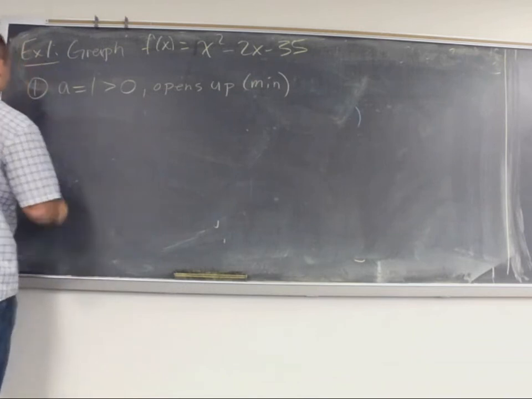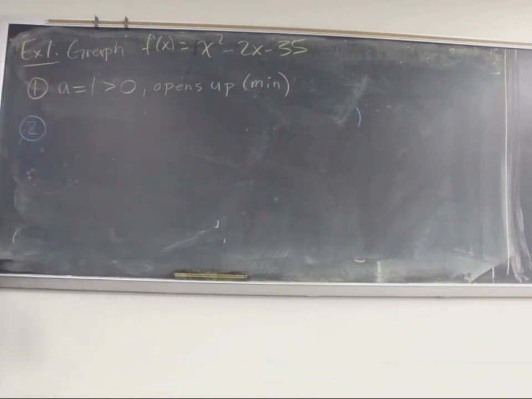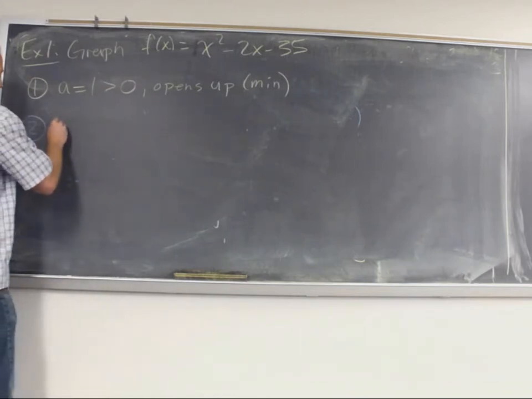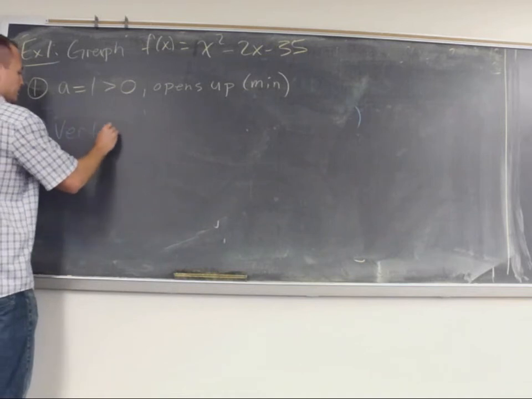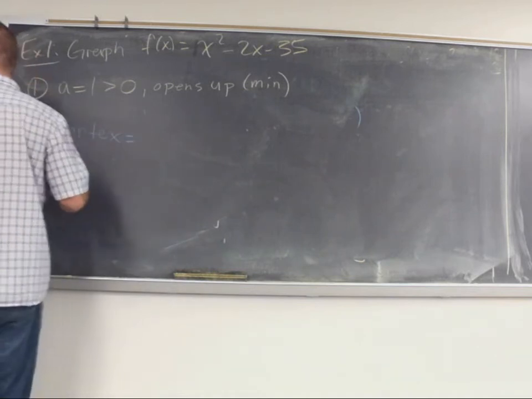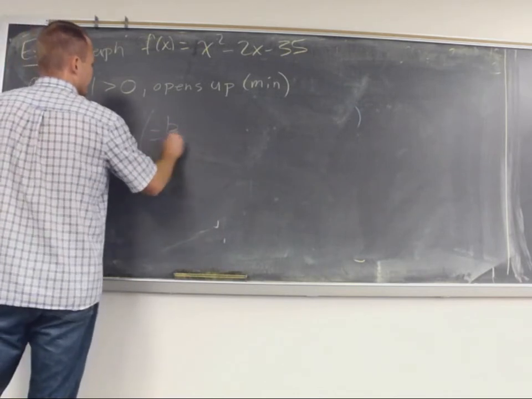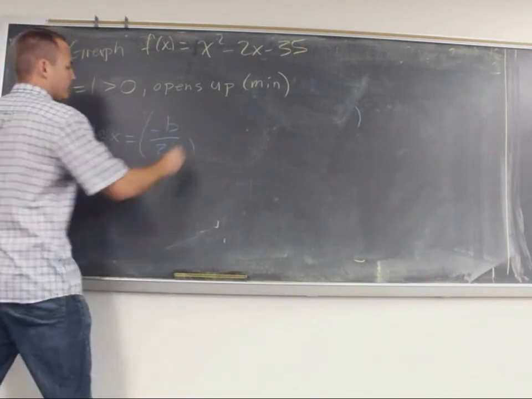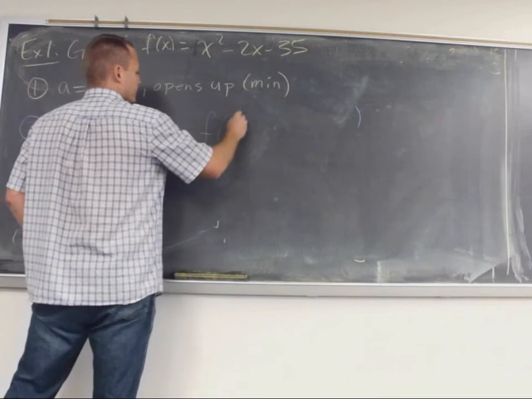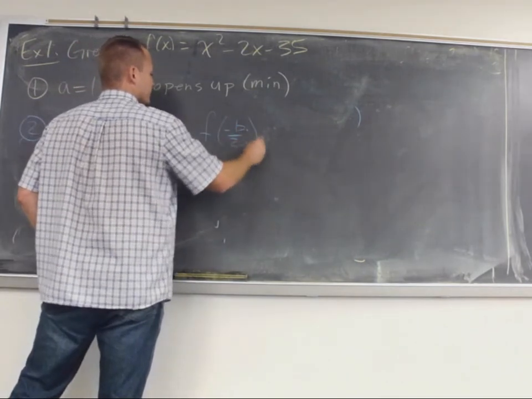And so now number 2, which is the vertex. So the vertex is equal to negative b over 2a, comma, f of negative b over 2a.